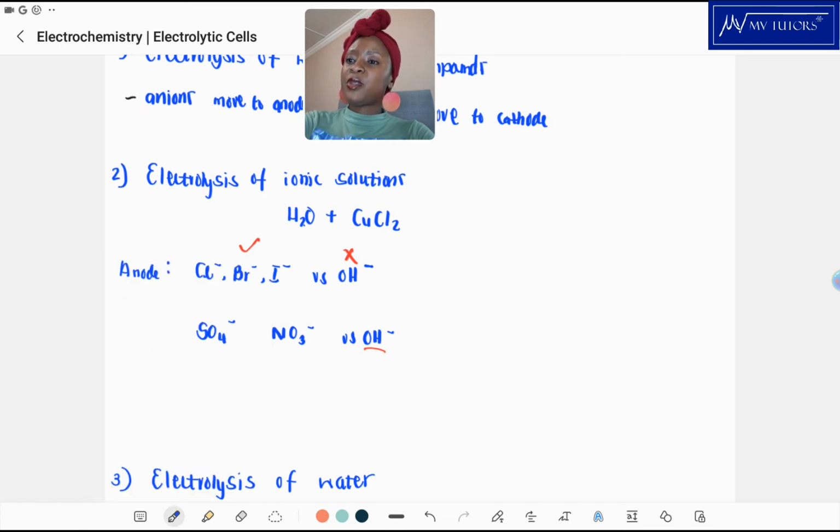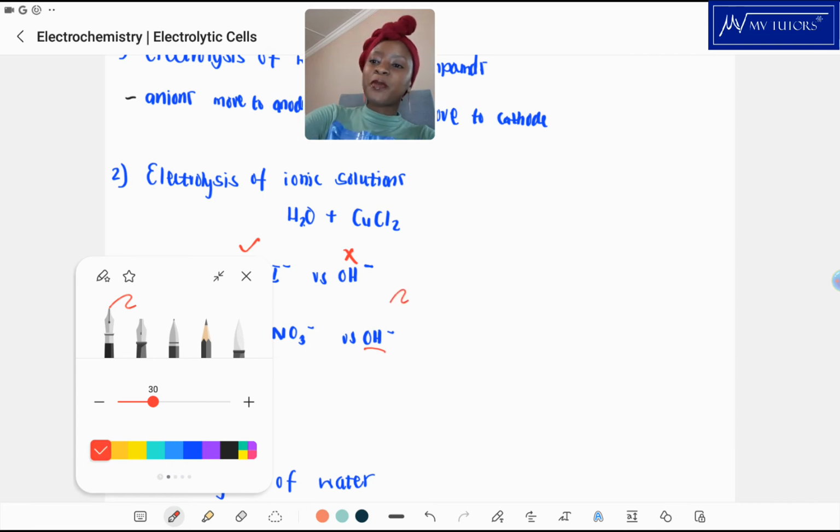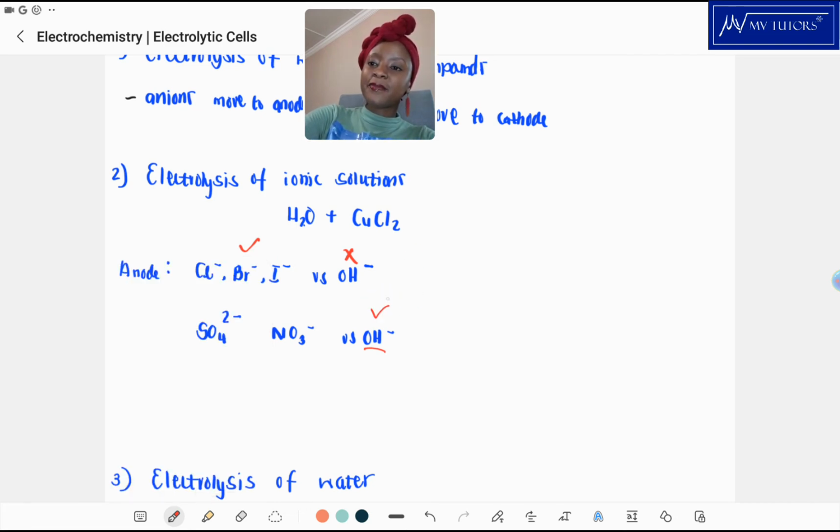Actually, sulfate should be 2 minus. Let me just erase that. Sulfate should be 2 minus. So yeah, your hydroxide will be preferred in this case, and this over here, it won't be.